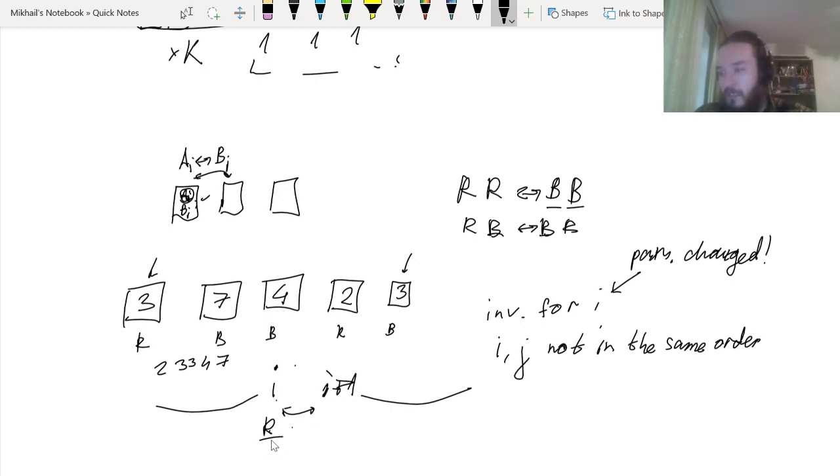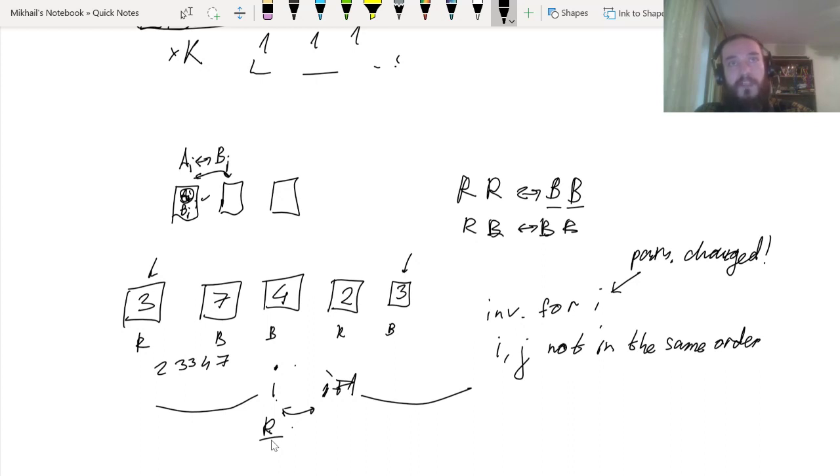The colors change at the same time the parity of inversion is changed, right? So that means that if the color of the card in the final configuration is red, then the number of inversions changed an even number of times.